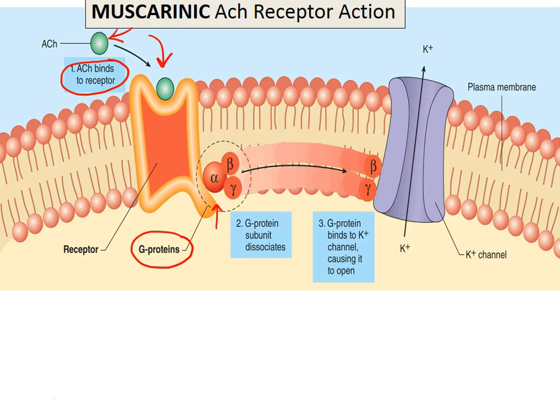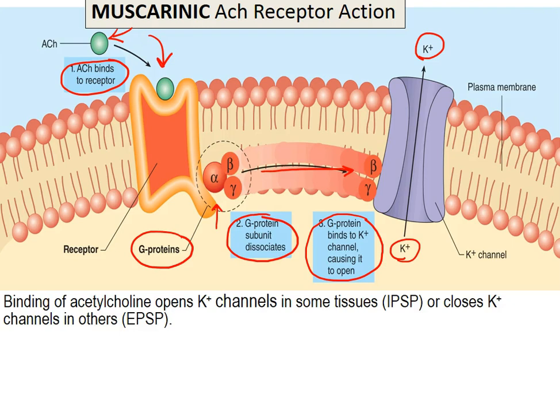When acetylcholine binds the receptor, the beta and gamma G protein subunits dissociate and they move through the membrane and bind to the potassium ion channel. The potassium ion channel then opens and potassium goes out of the cell. In this case, if potassium is going out of the cell, the cell is becoming more negative.